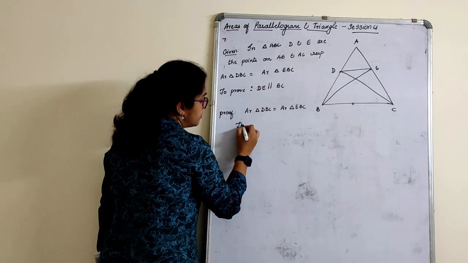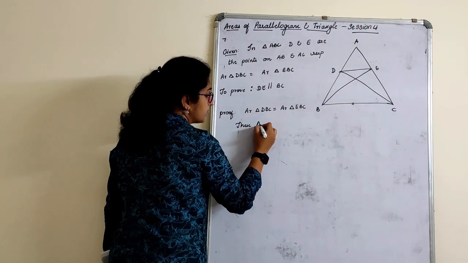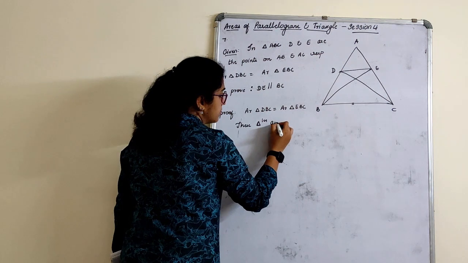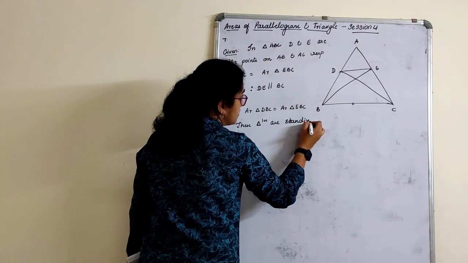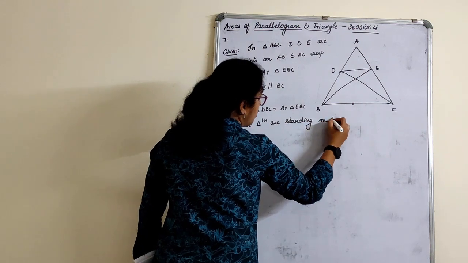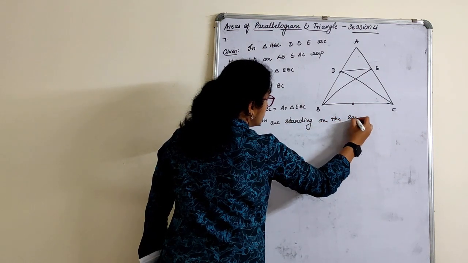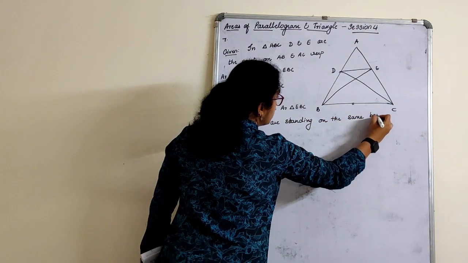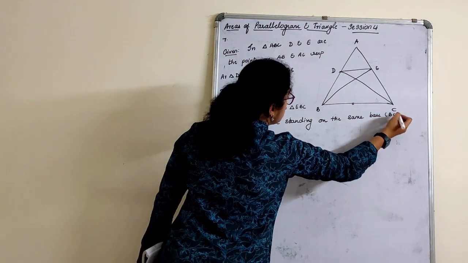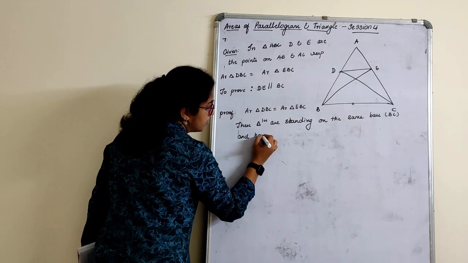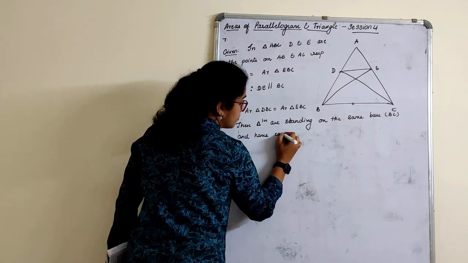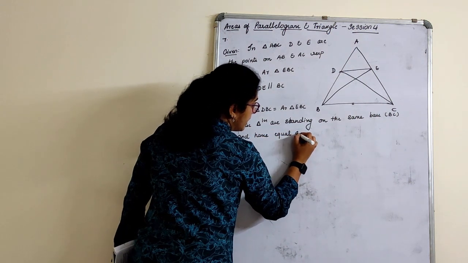These triangles are standing on the same base and have equal areas.